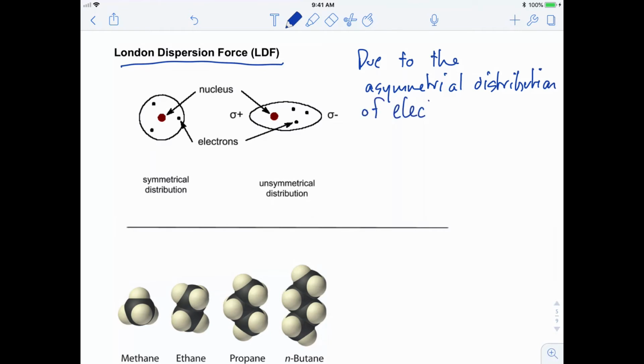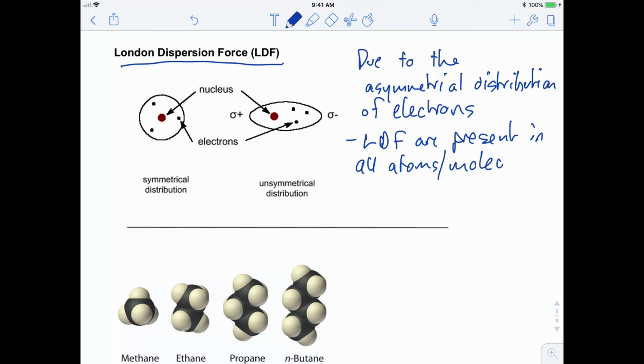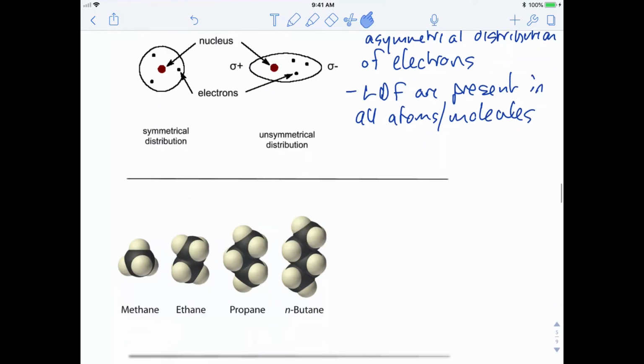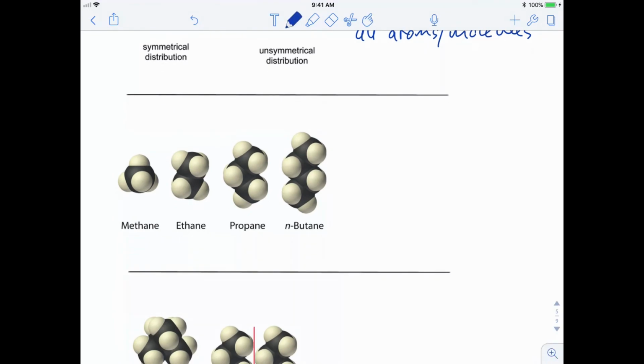However, if somehow the electrons arrange themselves as shown on the right, you have polarization of the atom. That is a delta positive and a delta negative component. As soon as you have that, you have the possibility of London dispersion forces of attraction with neighboring atoms that are similarly polarized.